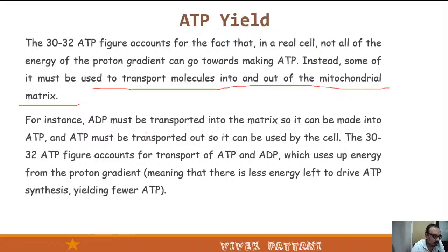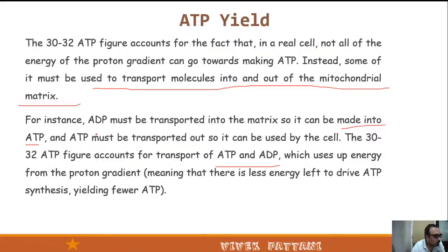In this case, ADP must be transported into the matrix so it can be made into ATP, and ATP must be transported out so it can be used by the cell. So the 30 to 32 ATP figure accounts for the transport of ATP and ADP, which uses energy from the proton gradient, meaning there is less energy left to drive ATP synthesis, yielding a smaller number of ATPs.